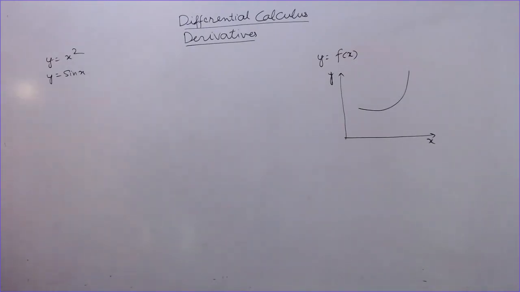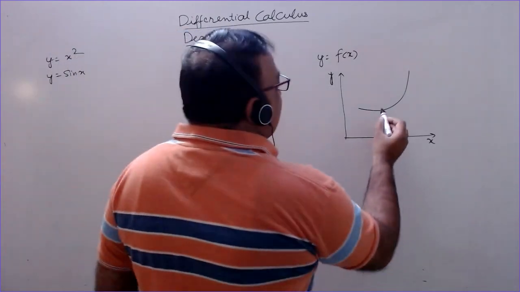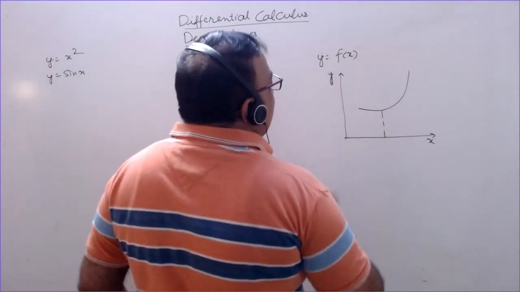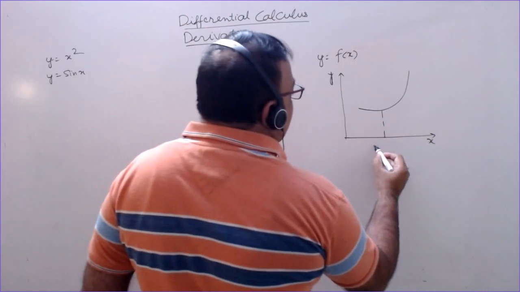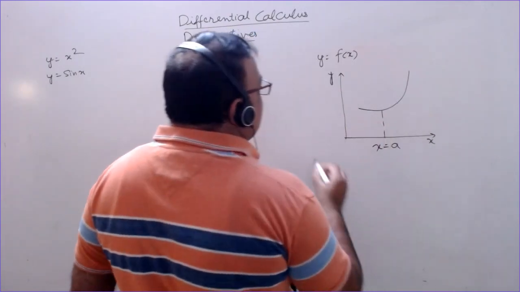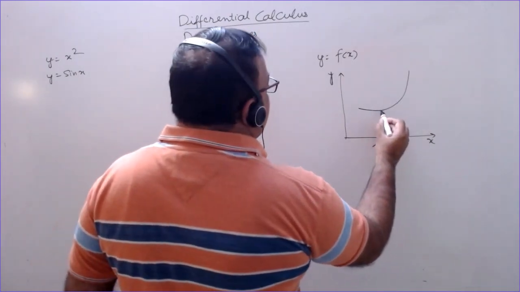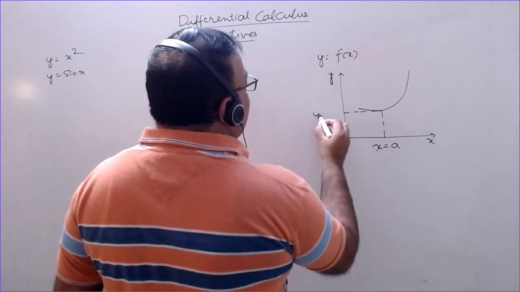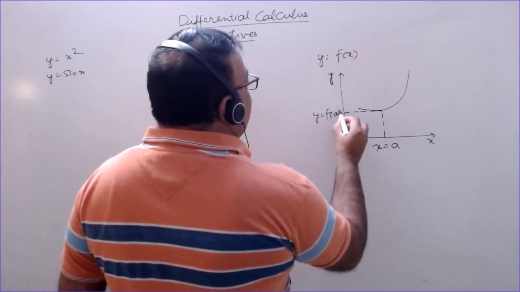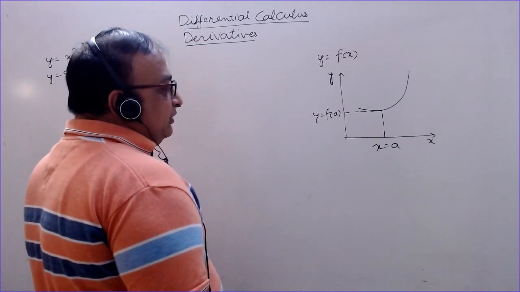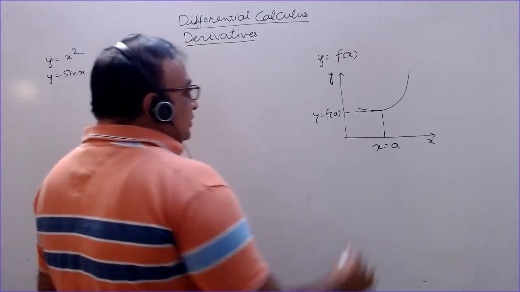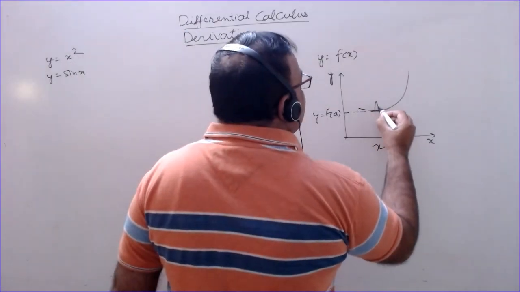I take any value of x, suppose x is equal to a. Corresponding to this, when I put x equal to a, the value of y will be f(a). Suppose this point is A.